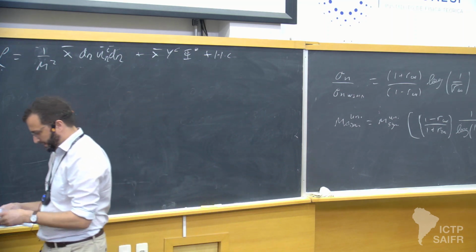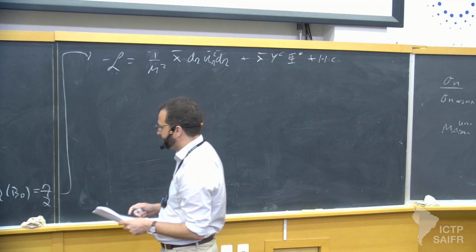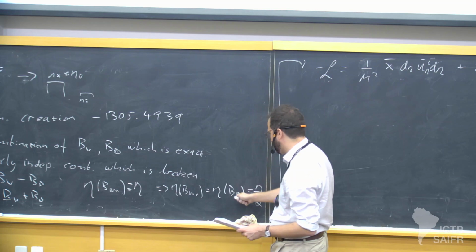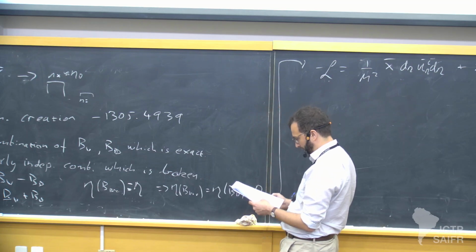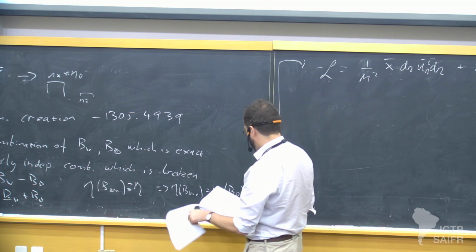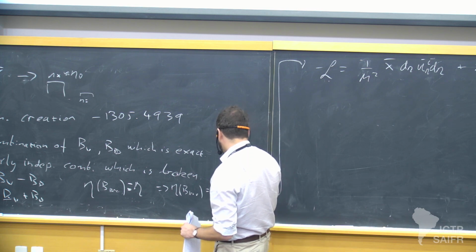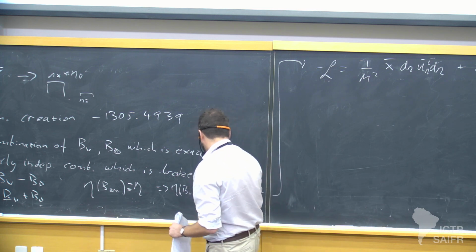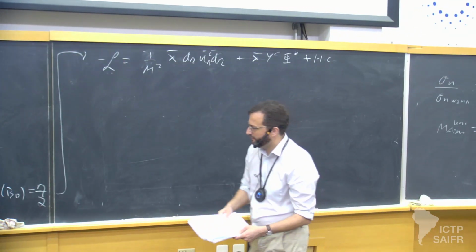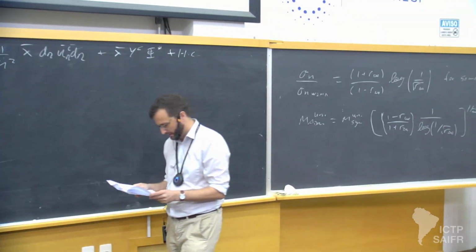So typically in these cases, because of the asymmetry in the dark matter sector, the dark asymmetry is related to the visible asymmetry, eta visible.